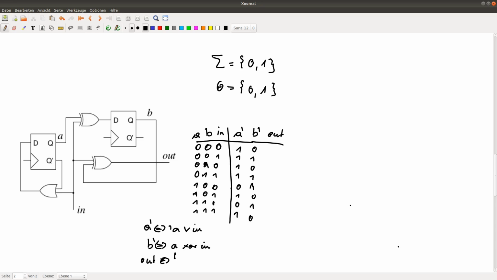Yeah, and so we have 0, 1, 1, 0, 0, 1, 1, 0.